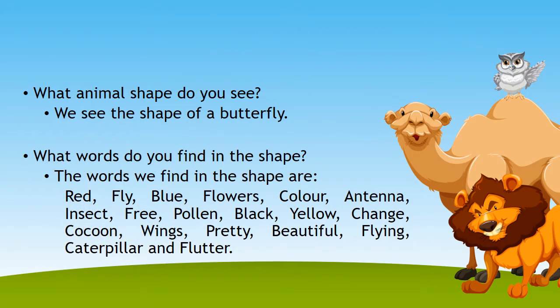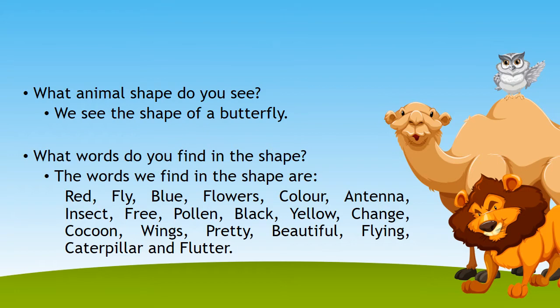First question, what animal shape do you see? It was very easy. We see the shape of a butterfly, or you can directly write butterfly in your textbook. Now the second question, what words do you find in the shape? You will find many words, but these are there. The order does not matter, but you have to make sure that you find even the words which are written in small letters.